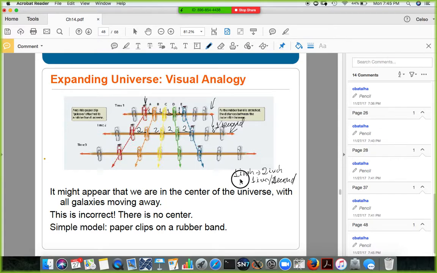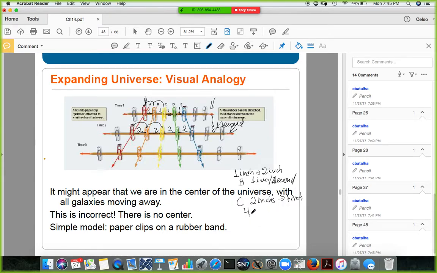Now let's look at galaxy C. Galaxy C was 2 inches away originally. But then the space stretched, and now galaxy C is 4 inches away. At which speed would you observe that expansion?